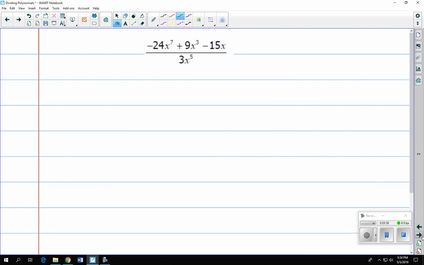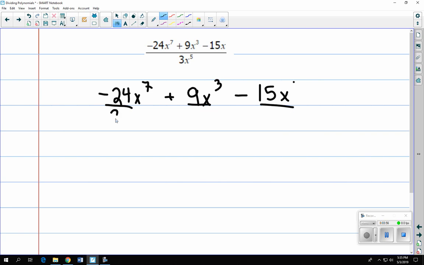Now, when I go into this example, I have 3 terms I need to split up. Negative 24x to the seventh, plus 9x to the third, minus 15x. And we're dividing each term by 3x to the fifth.